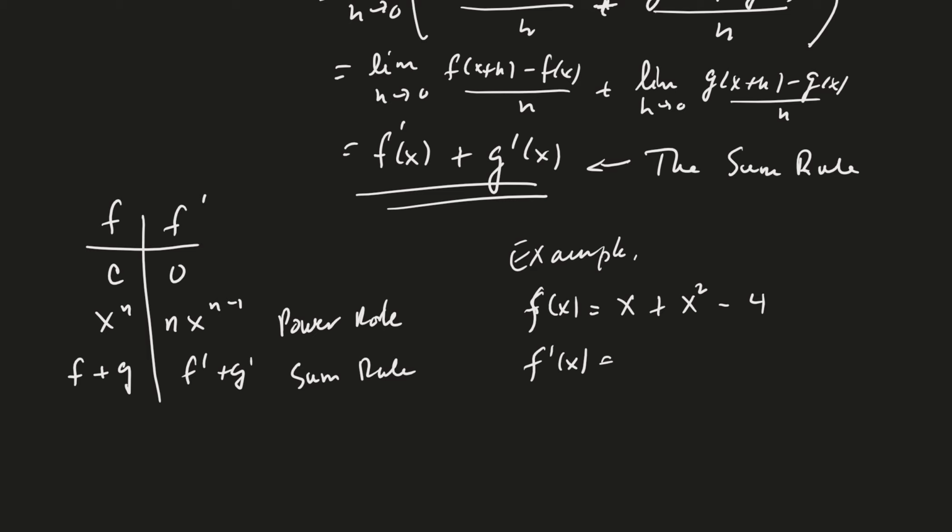And so we see x to the 1 power will be 1 times x to the 1 minus 1 is 0, right? Plus 2 times x to the 2 minus 1, and then plus 0. Okay, so if we simplify that, that looks like it's going to be 1 plus 2x. Good, and so there's our derivative. Easy.